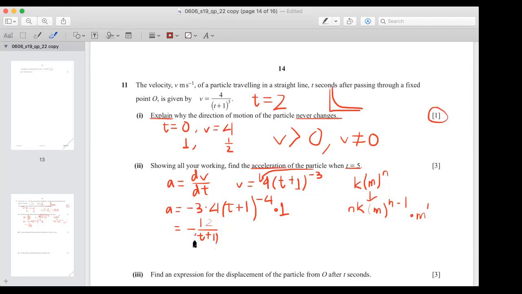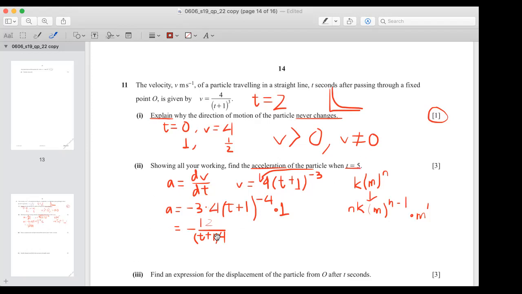It's really hard to draw with a trackpad. I wish I had a tablet. It's not the best looking one, but if it works, it works. Let's put this a little bit down. So this is the equation for acceleration. Don't put plus c because it's not integration. So this is your equation now.